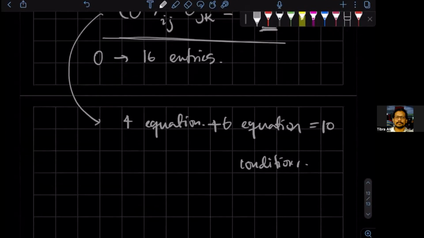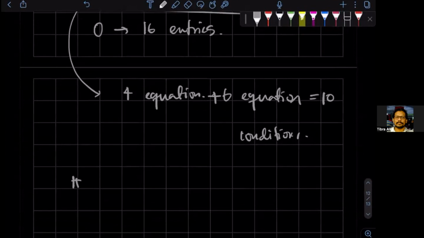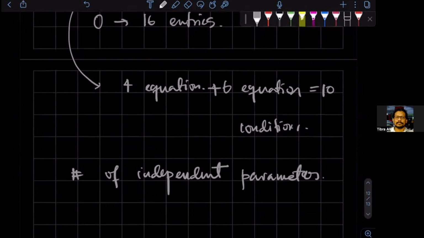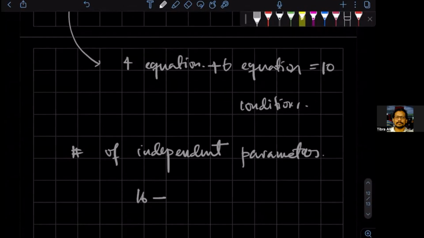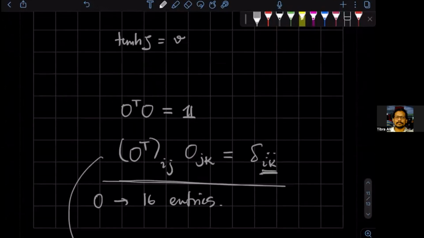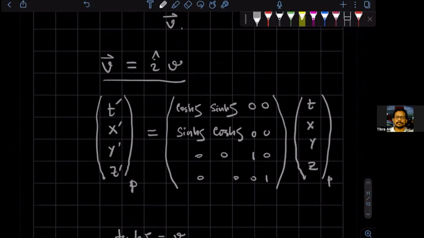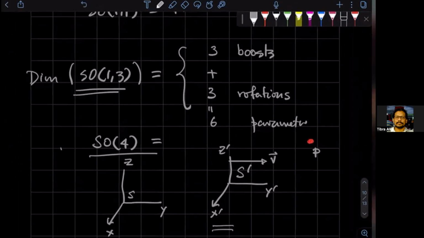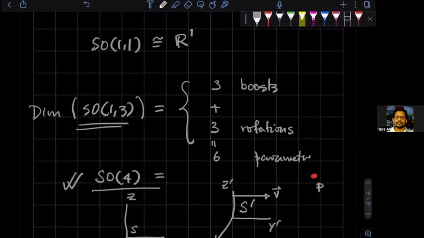So the number of independent parameters is 16 minus 10, which is 6. And this counting does not change whether we are dealing with SO(4) or SO(1,3).